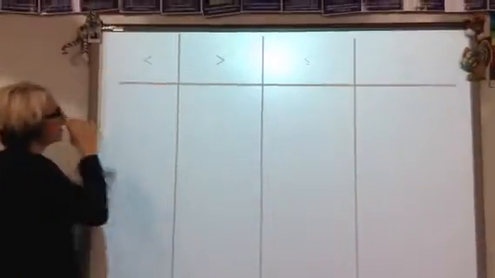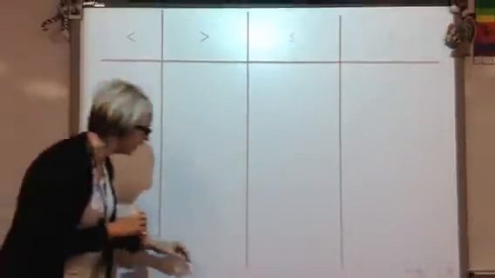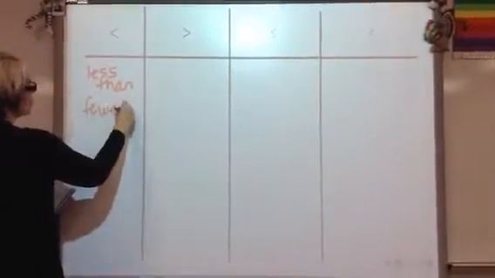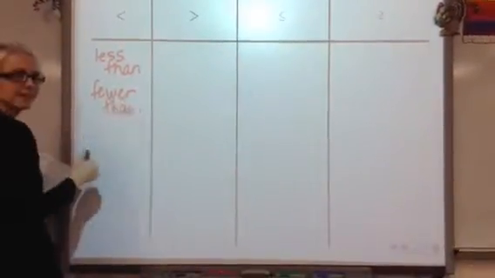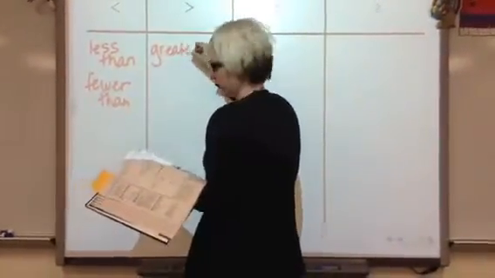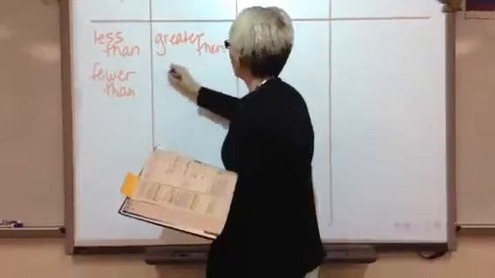All right, next up. These are the symbols that we have, and when you are using real-world problems, you might see this as less than, or you might see this also as fewer than. And I put these in your notes, and you can just look in your notes to read these if you'd like. This you're going to see as greater than, or you can also see as more than.